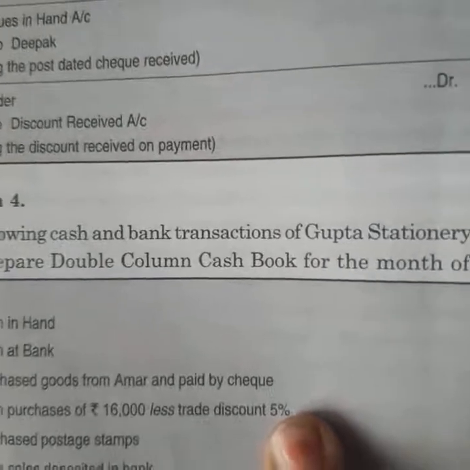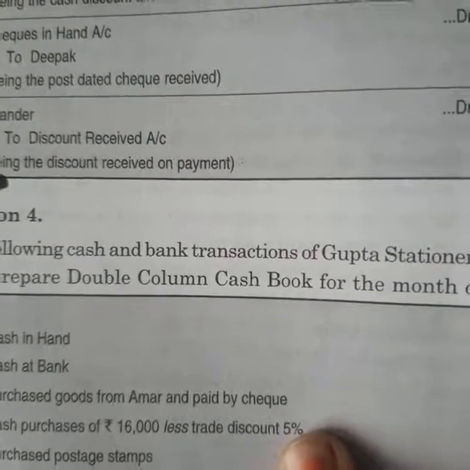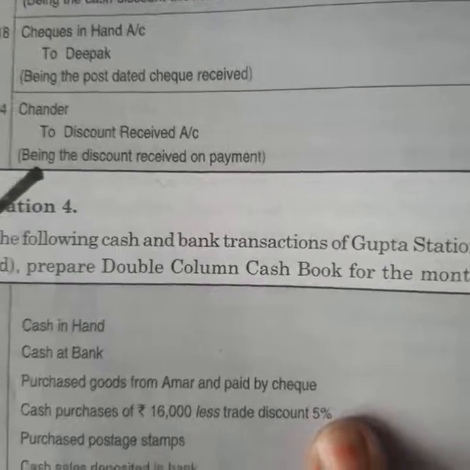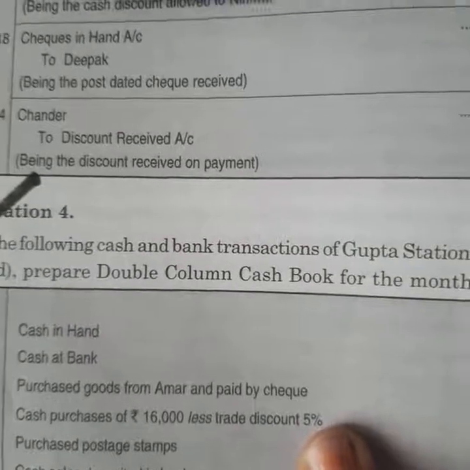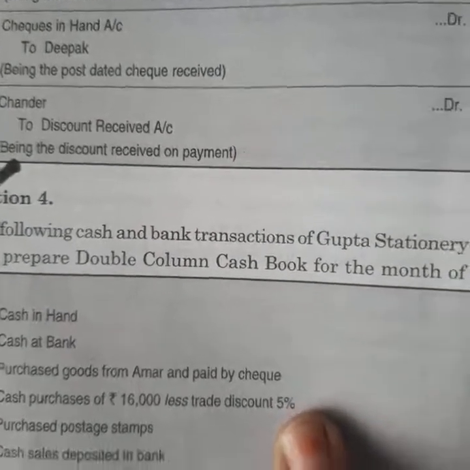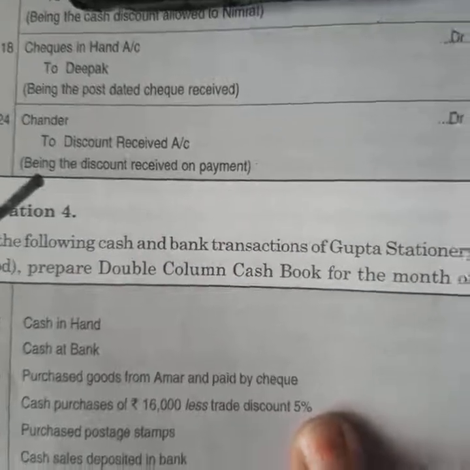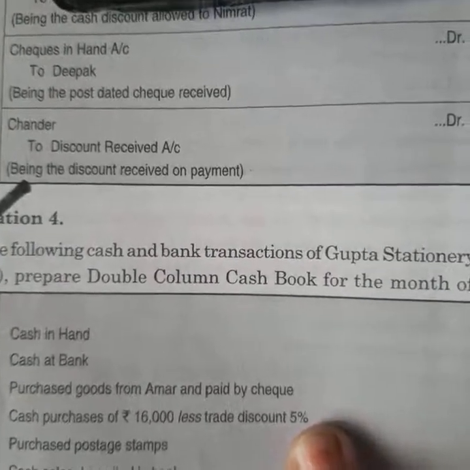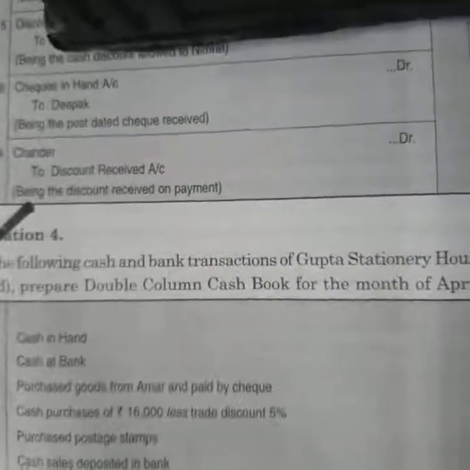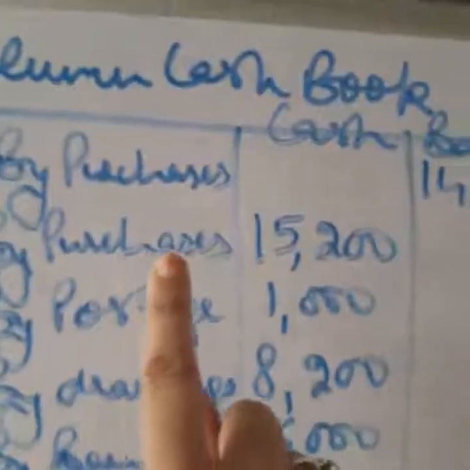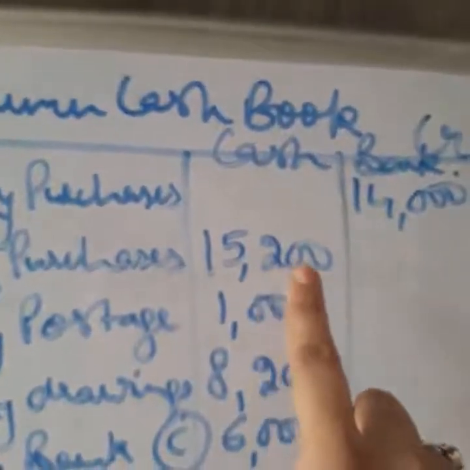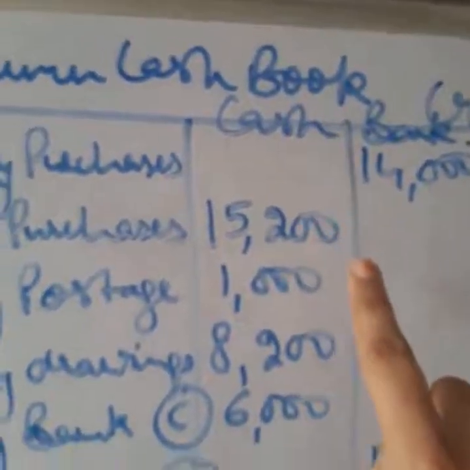After deducting 800 from 16,000, we'll get 15,200. So entry becomes purchases to cash. So cash is being credited, and it is a payment. So we'll go to the credit side and we'll write there "By purchases 15,200" in the cash column.